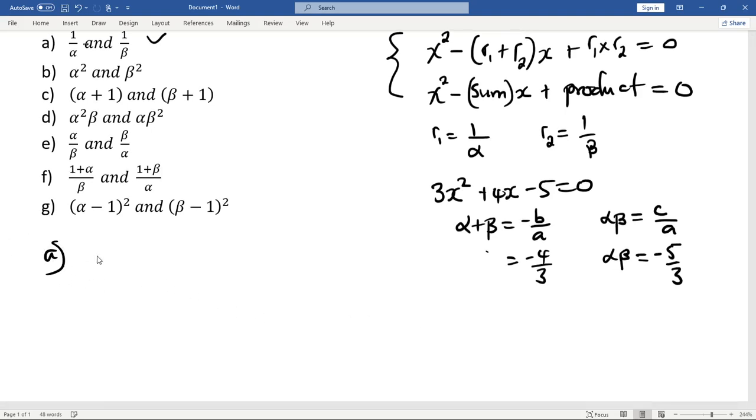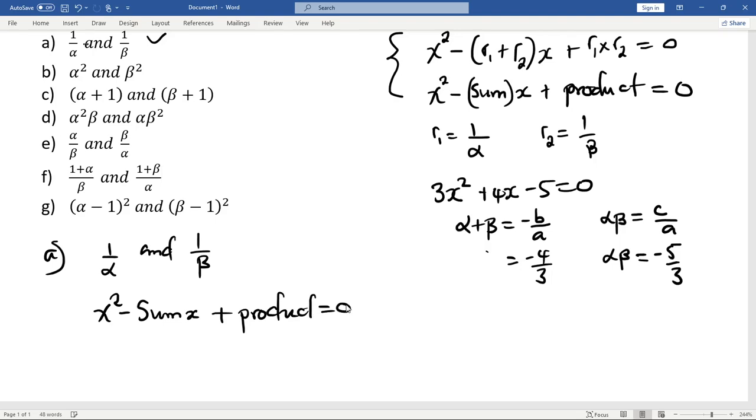So A, we have the two roots 1 over alpha and 1 over beta. Remember we said we're going to use this formula where we have x squared minus the sum multiplied by x plus the product of the two roots equal to 0.